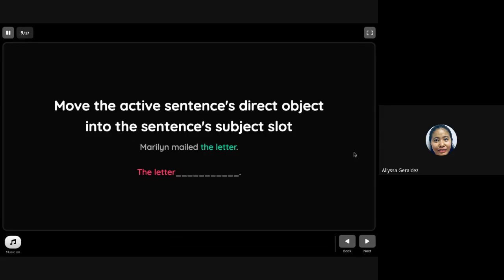The direct object is the letter, so we have to move it towards the sentence subject slot. So you have there the letter and then it's blank because we have to form that sentence to a passive voice.